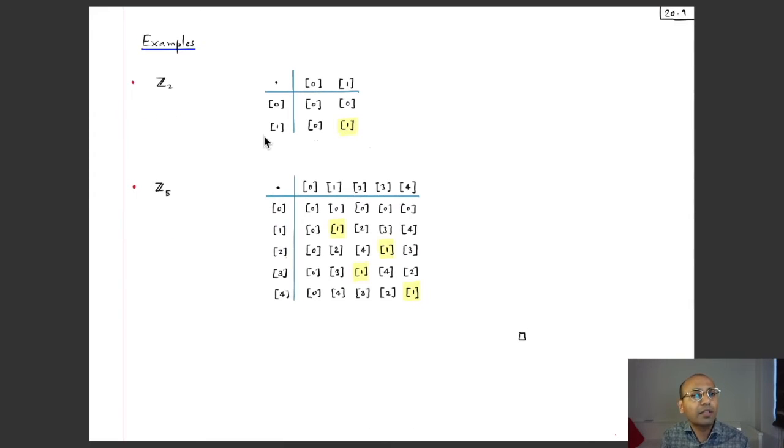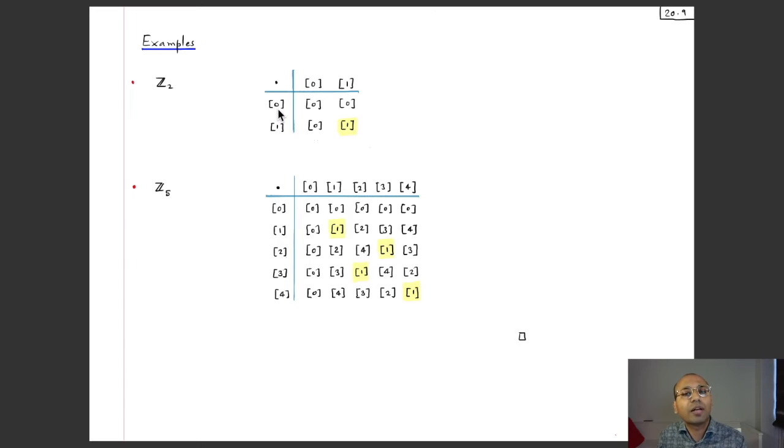So let us see some examples. Let us look at the set Z2 of integers modulo 2. Then the two distinct elements are the equivalence class containing 0 and the equivalence class containing 1. And here is its multiplication table, by which we mean a table showing all the different multiplications modulo 2.